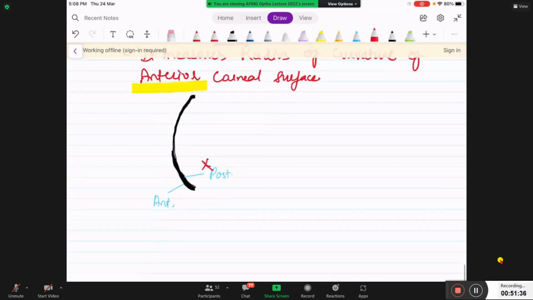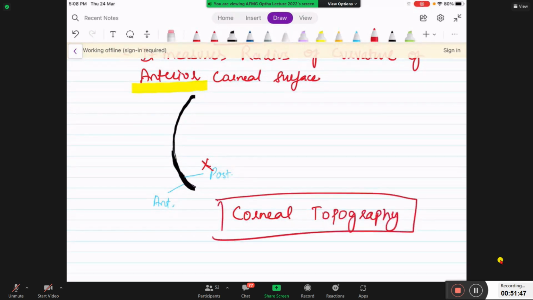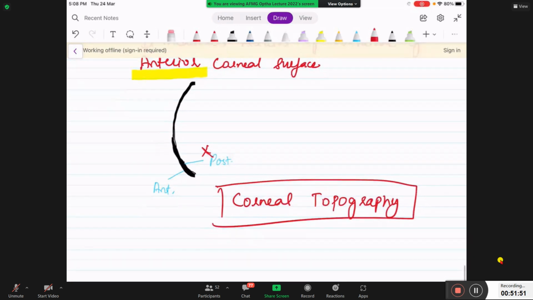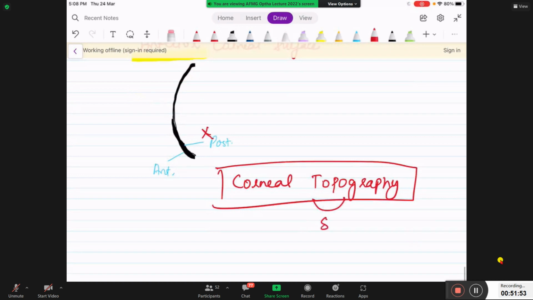Okay. Now the next technique is called corneal topography. Corneal topography, right? What is corneal topography? Topo means surface, right? So something has to do with the surface of the cornea.